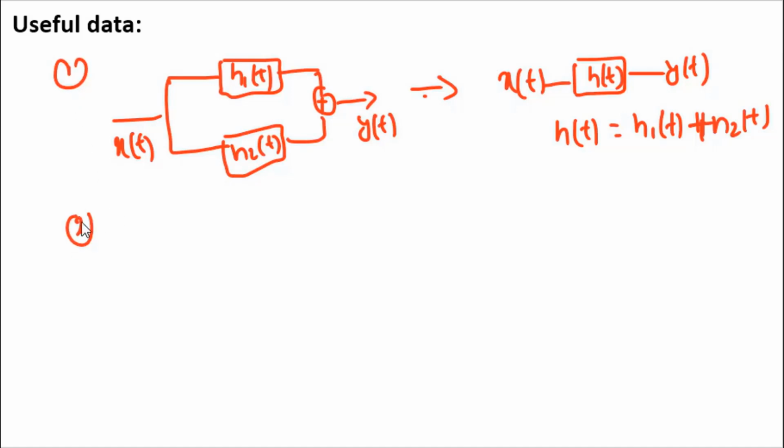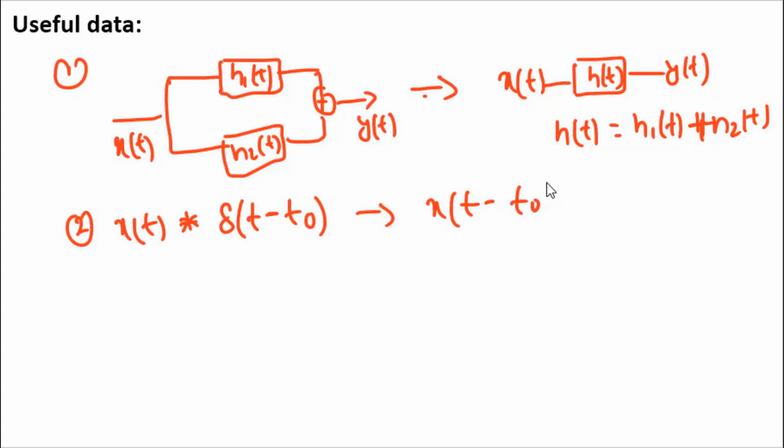And the second useful data is, if you have a signal x of t and you convolve this signal with a delta function which is at t naught, then you get the output as x of t minus t naught. So these two are the useful data.